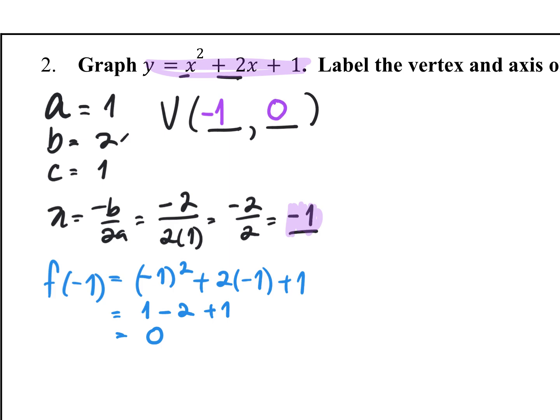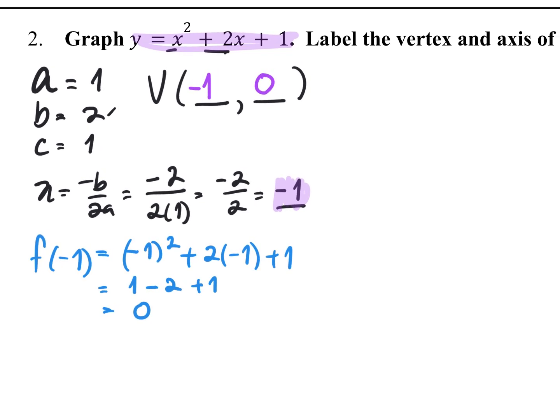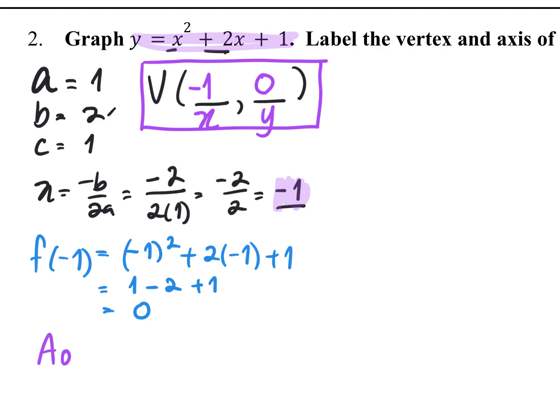For the axis of symmetry, I told you earlier that your vertex is going to tell you what the axis of symmetry is by looking at the x coordinate of that. Okay, and for this, our axis of symmetry is actually located at x is equal to negative 1.